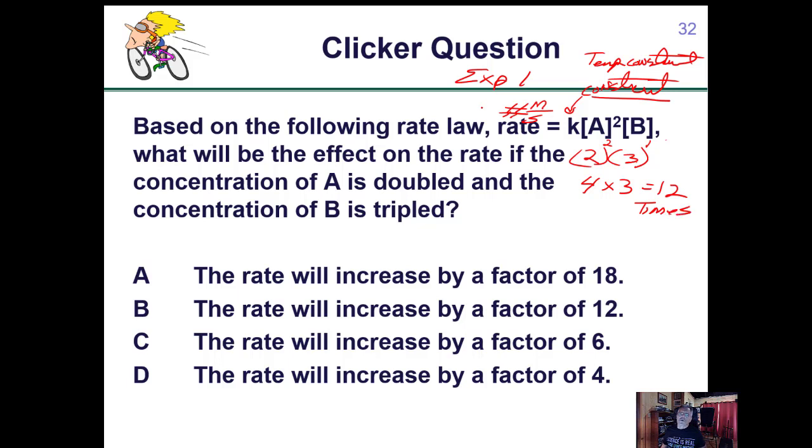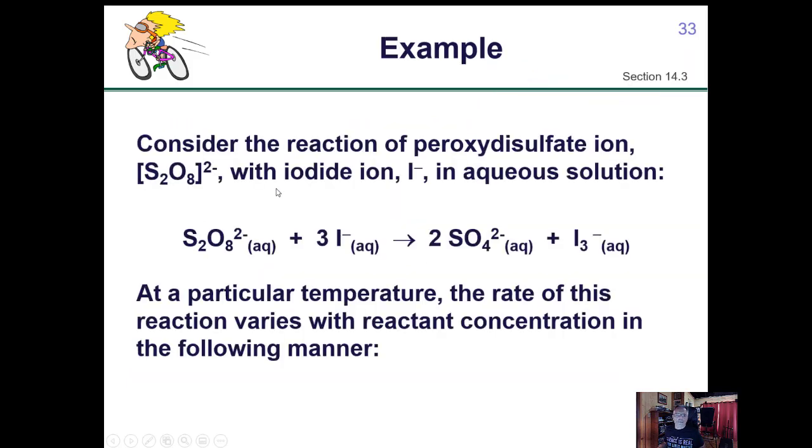So this will just be 12 times whatever the rate was initially, based on the original concentration of the reactants in the reaction. Hopefully that makes that a little bit simpler, and so you can just pick that out of that selection.